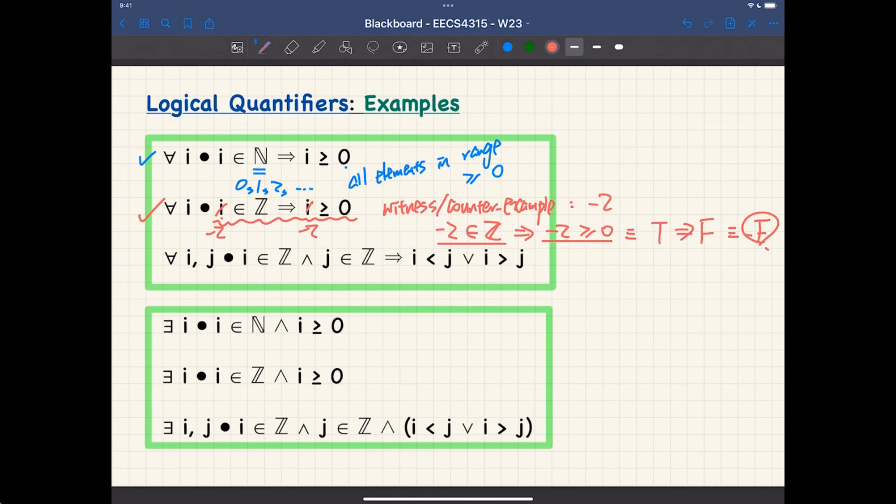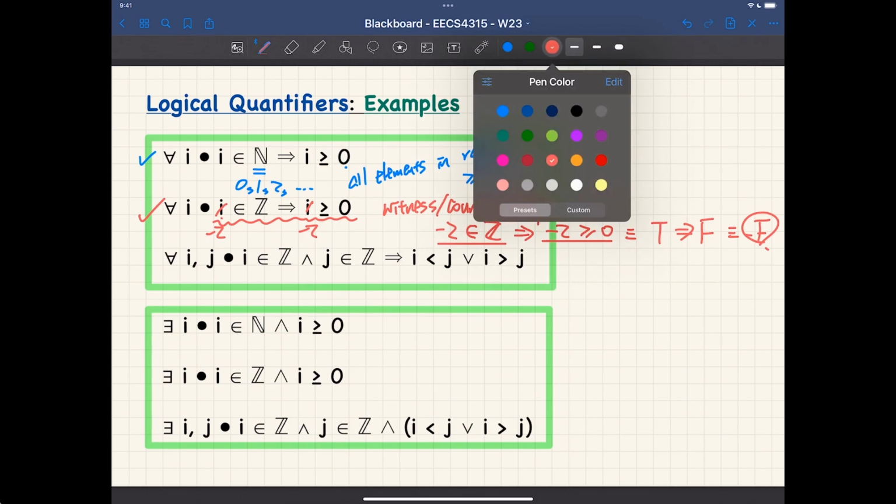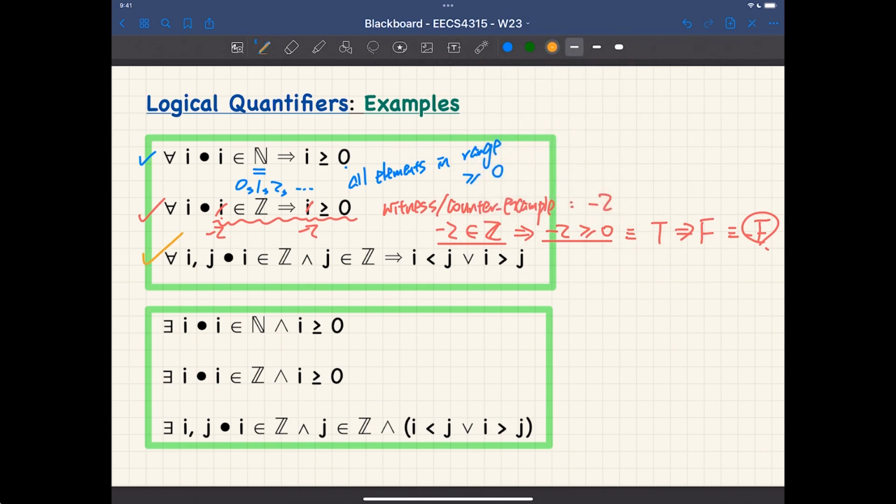Okay, third one. False. Okay. Let's say witness, right? i will be, let's say, 2. And j will be maybe 2. Basically when they are equal to each other, right?